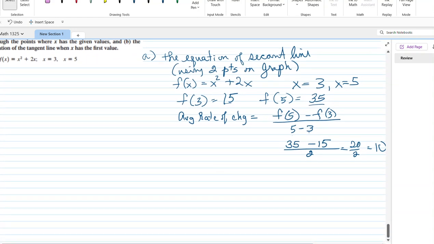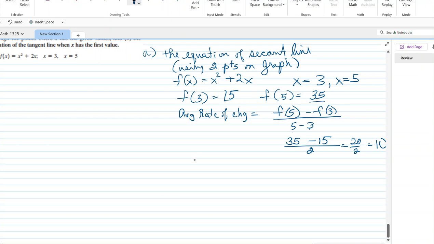They want the equation, so now we're doing the equation. It says y minus the y of 1 equals m times x minus the x of 1. And we have to choose a point. Doesn't matter. Well, let's choose this one.